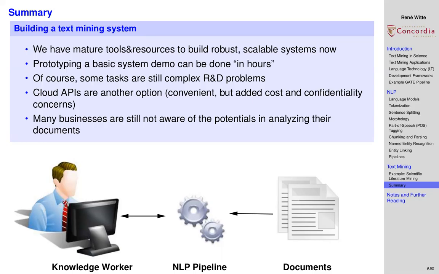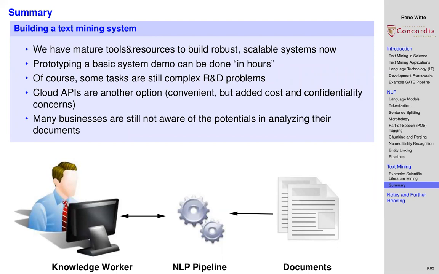What I haven't really covered here is instead of using libraries and tools locally, there are now also quite a few online cloud APIs that you can use. So again, this is convenient, but you are tying your implementation to a specific cloud API. You cannot just switch from one provider to another.